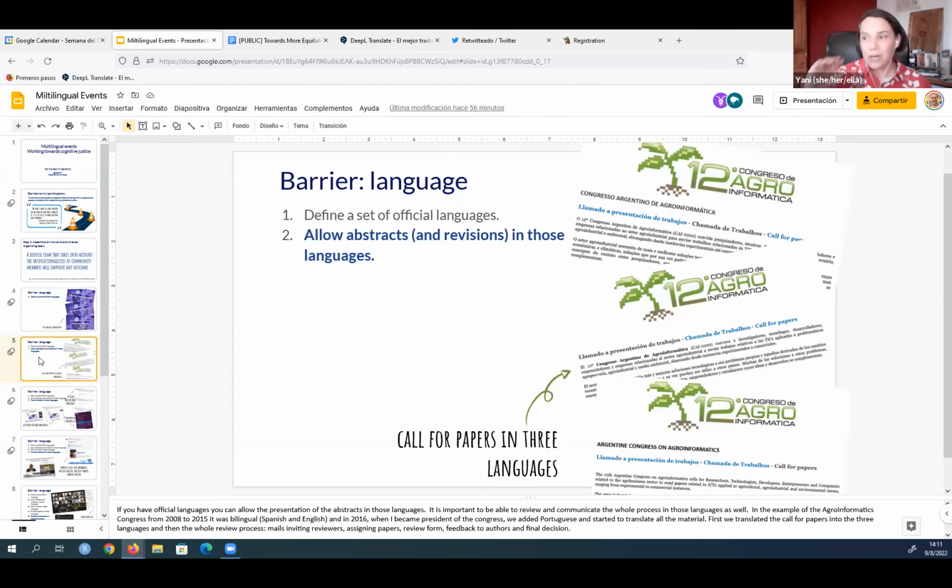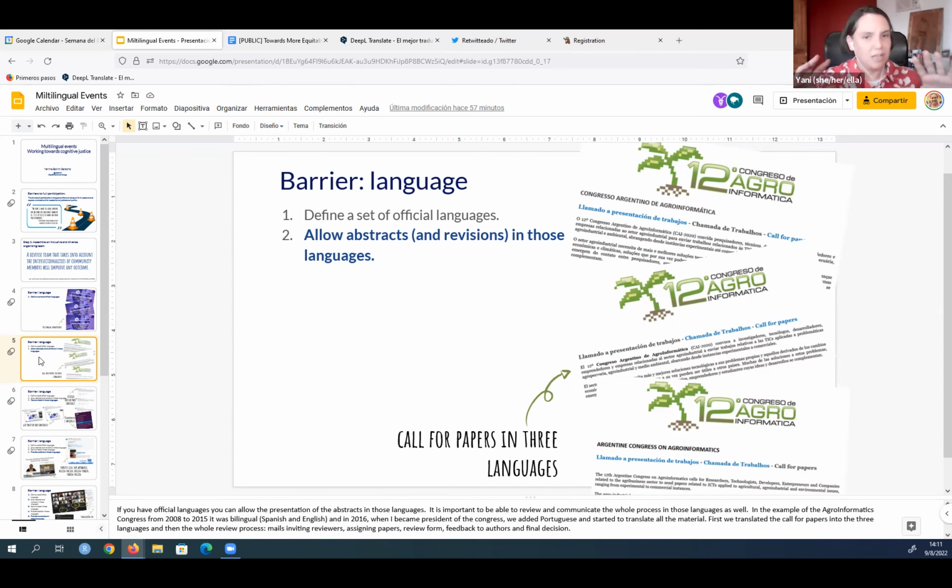You need to allow abstracts and reviews in those languages. The example I'm giving you here is the Congress of Agroinformatics in Argentina, which was in English and Spanish from the beginning. Then in 2016, when I became the president, we also added Portuguese and we translated everything: the call for papers, the emails for invitations, the review system, the feedback to authors, and the people who review are native speakers of the language that the authors send the work in.